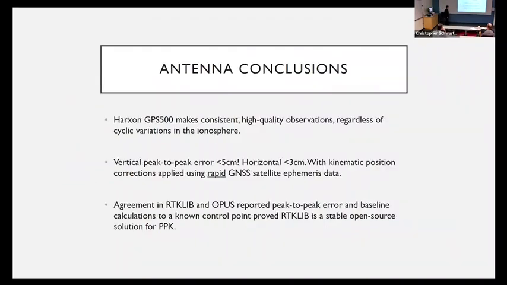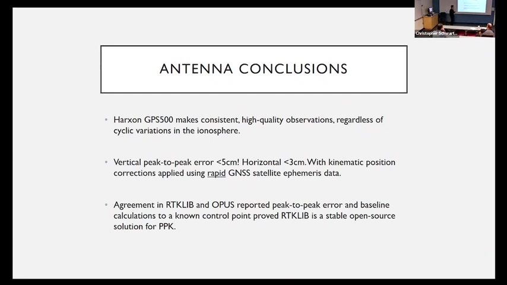So in conclusion, this Hartson antenna provides a really good low-cost solution that allows us to collect observations which can be post-processed to produce solutions with the same uncertainties as those we see with a survey-grade antenna that is much more expensive. The peak-to-peak errors in the vertical were less than 5 centimeters and less than 3 centimeters in the horizontal.